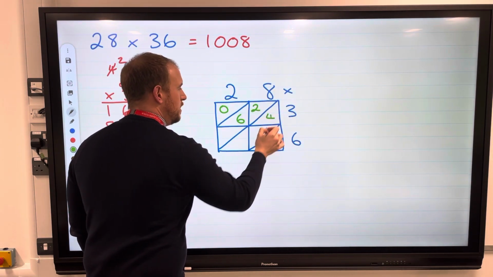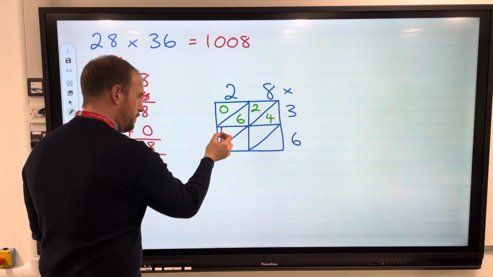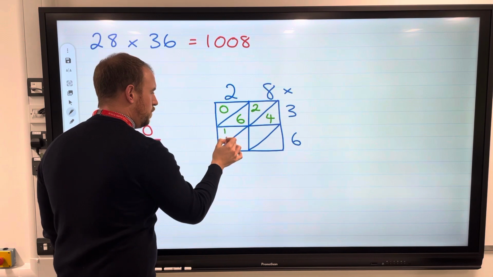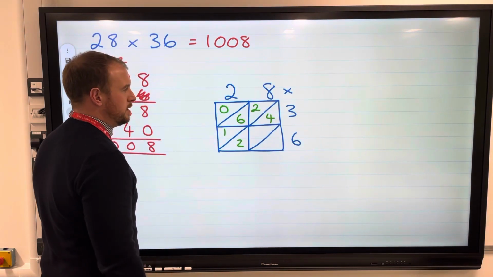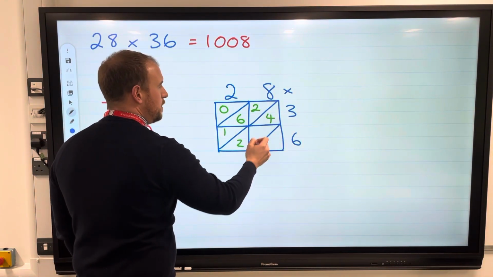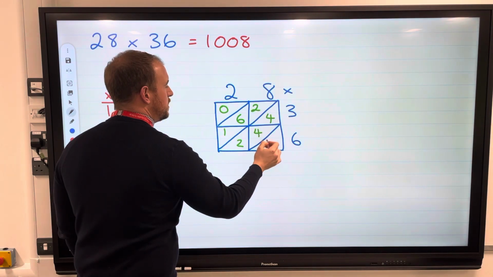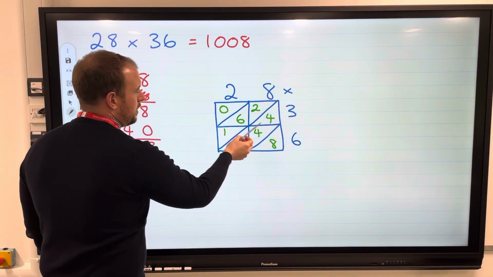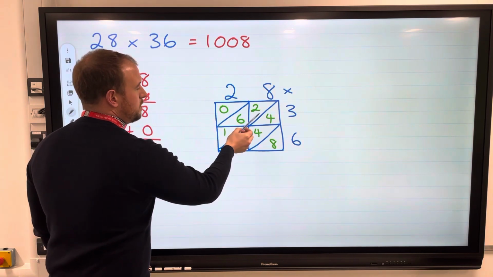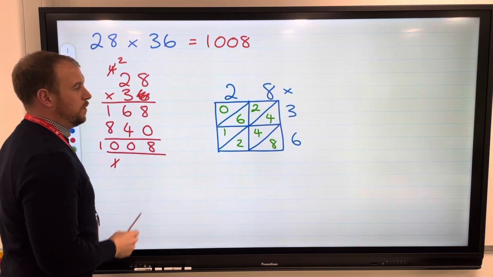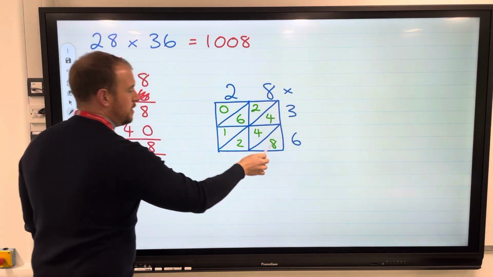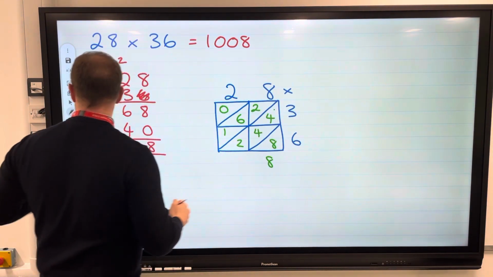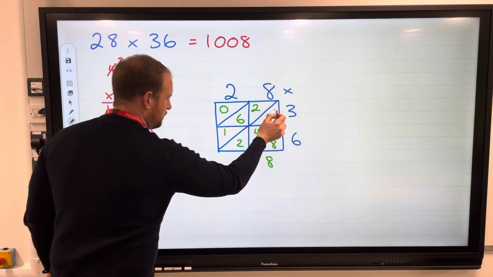2 tens, 4 units. In this square here, 2 times 6 is 12. 1 ten, 2 units. In this last square, 8 times 6 is 48. Okay, now these lines here, or these ramps, are what we're going to be adding up now, all these numbers up the ramp. So the 8 is by itself. This next section here, now if I get a highlighter, I'll show it clearer.